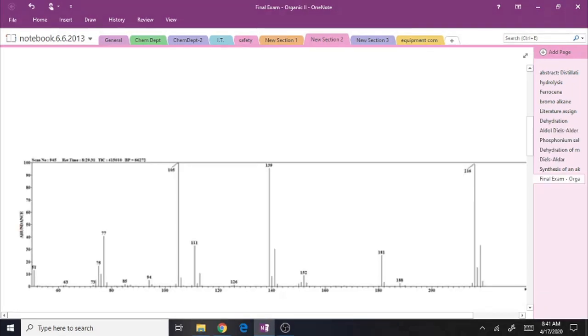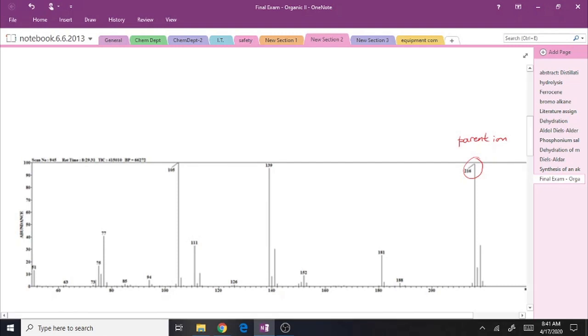What we're looking at here is a mass spectrum. You should recognize, for example, the peak at highest mass. This is going to be our parent ion. This tells us the mass of our product, which is 216.